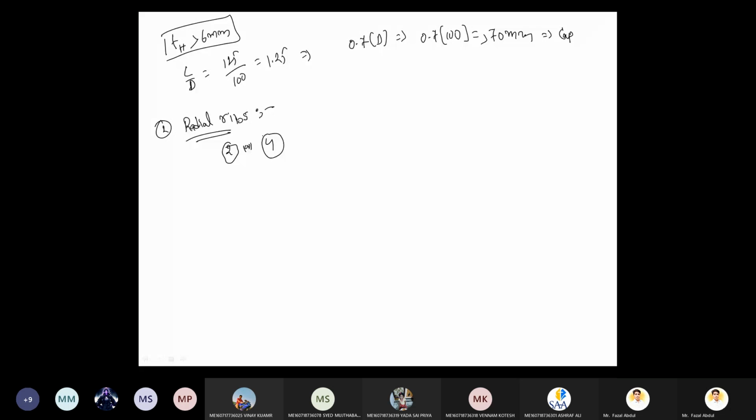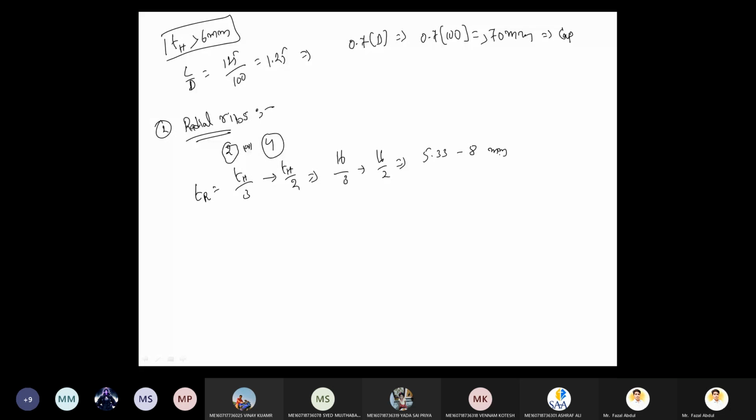Now the thickness of the rib is TH by 3 to TH by 2. So how much TH did we get? 16. So 16 divided by 3 to 16 divided by 2, which means 5.33 to 8.